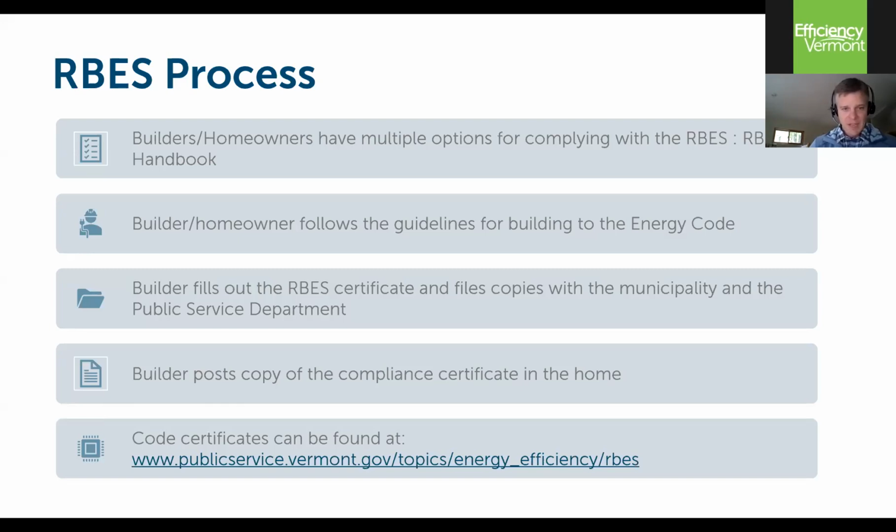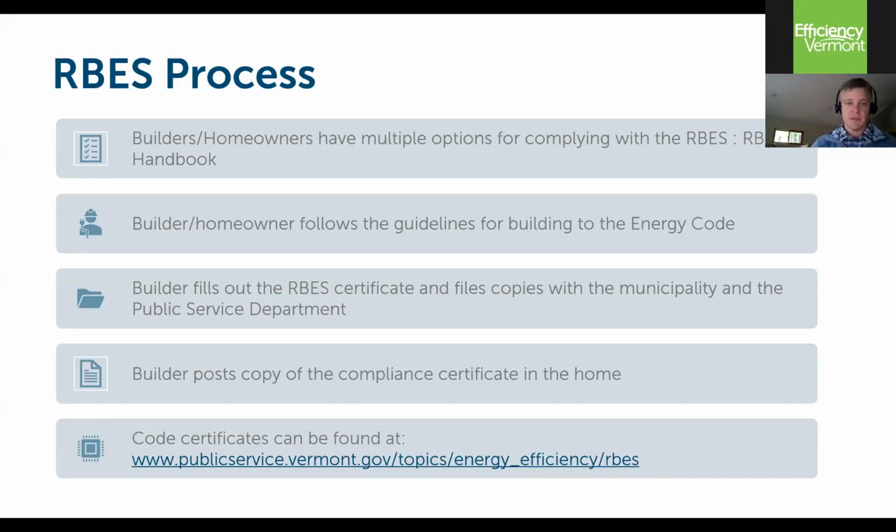The builder then fills out the code certificate, signs off on it, and then files that with you or with the town official. Again, it can be the zoning administrator, it could be a planner, whoever is involved in the permitting process at the town office level.